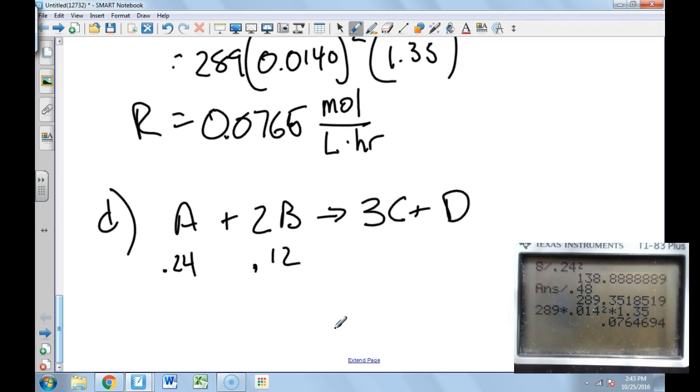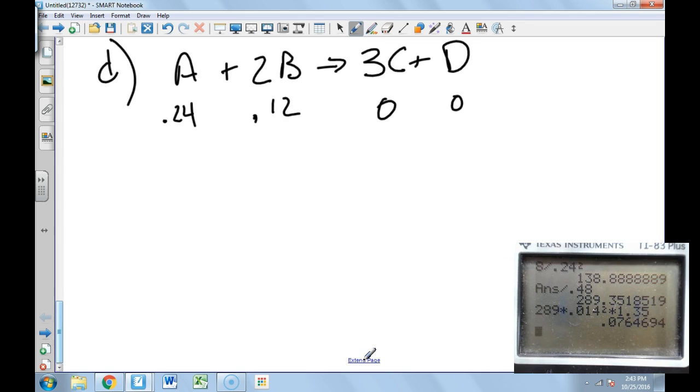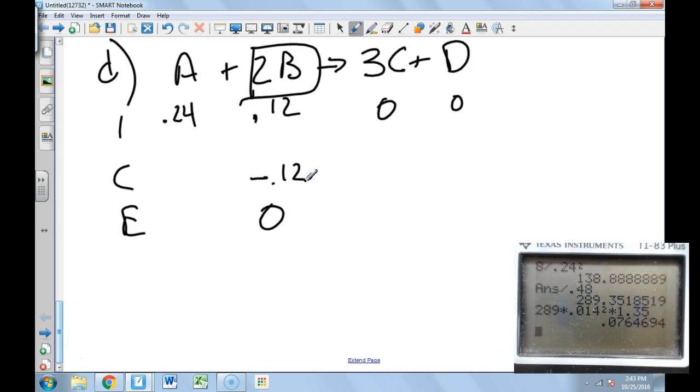Now when we solve this, we want to know how much of this we have. We just have to do a stoichiometry table or an ICE chart where we ask which one is the limiting reactant. Well, this one is the limiting reactant, so by definition, at the end of this reaction, that has to be 0. So this is minus 0.12.